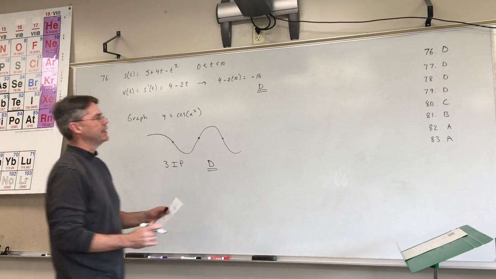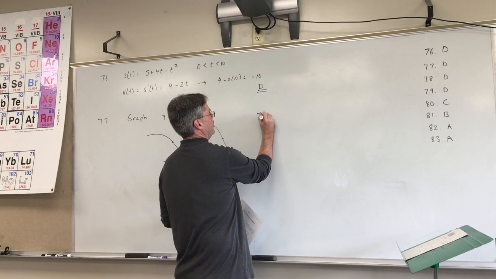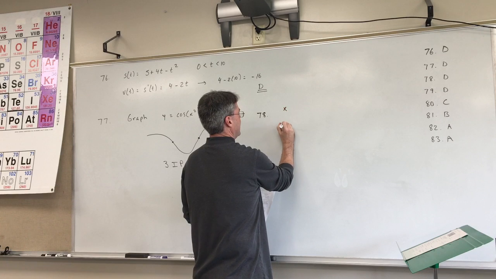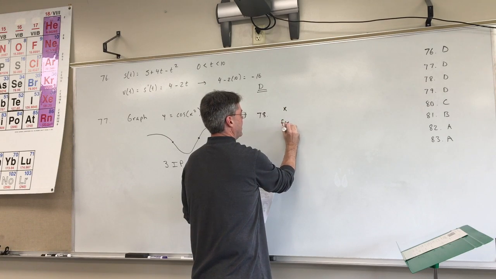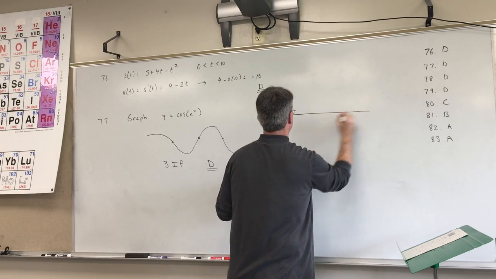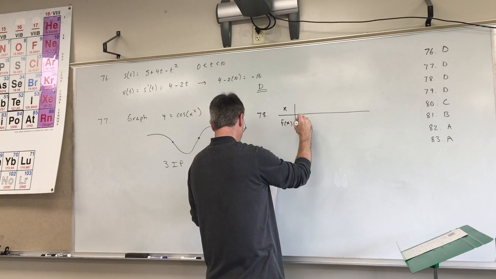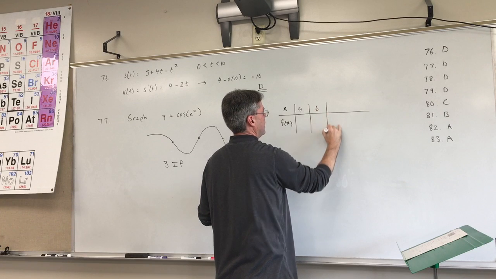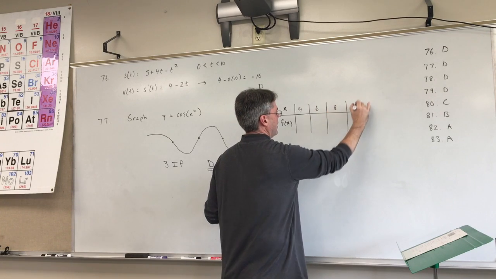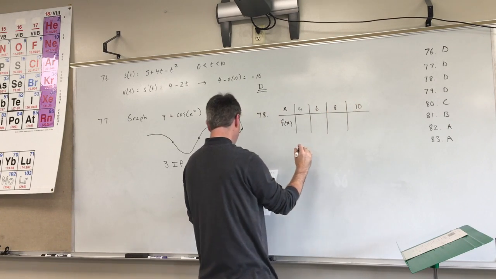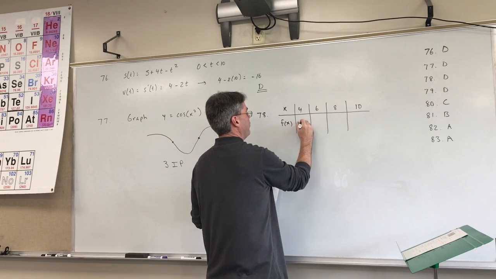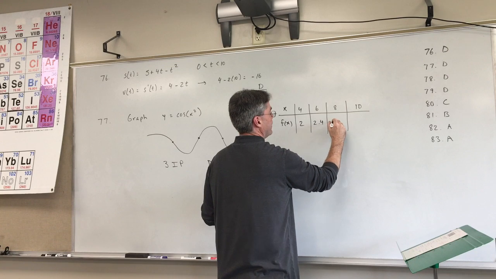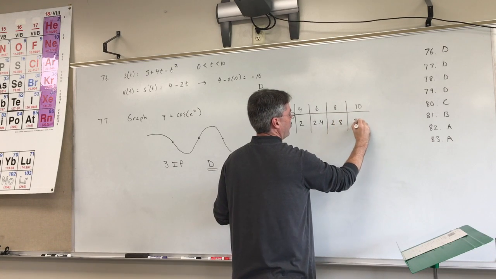Okay, 78. I think I'm going to try to fit that on the board right here. So we've got x: 4, 6, 8, 10, and f of x: 2, 2.4, 2.8, and 3.2.